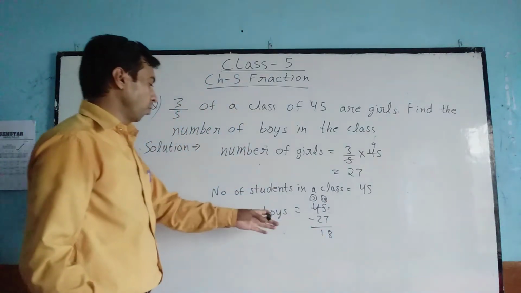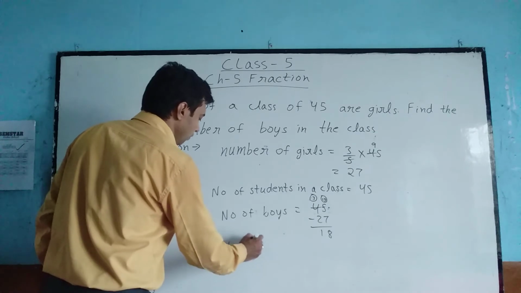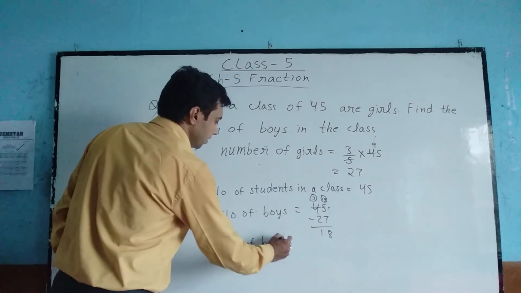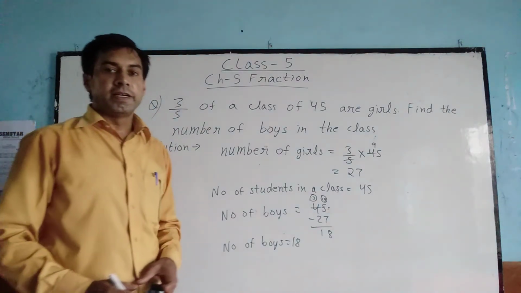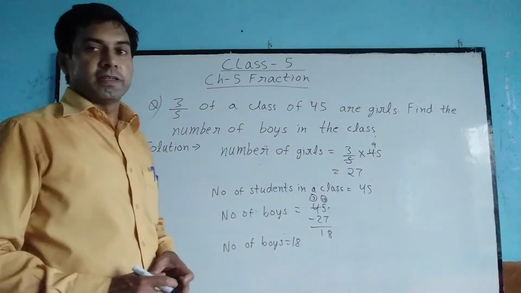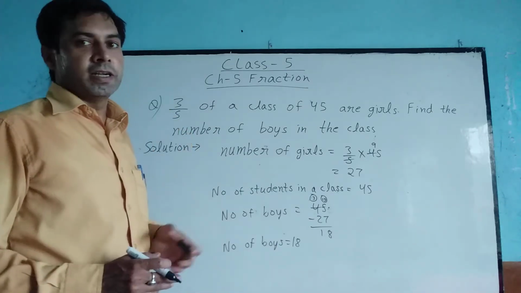So number of boys 18. Student, number of boys is equal to 18. There are 18 boys in the class and 27 girls in the class.